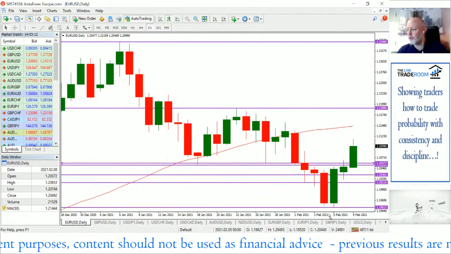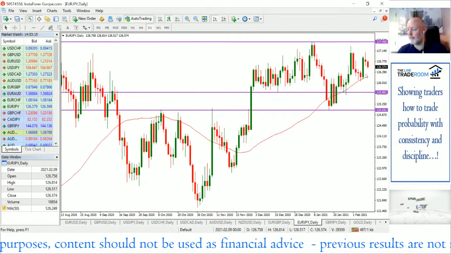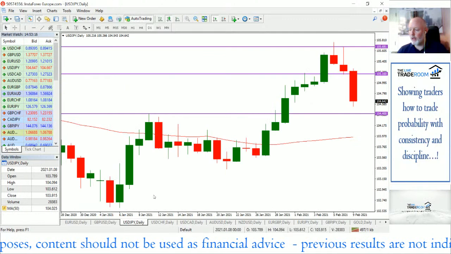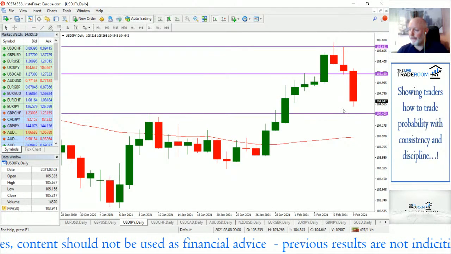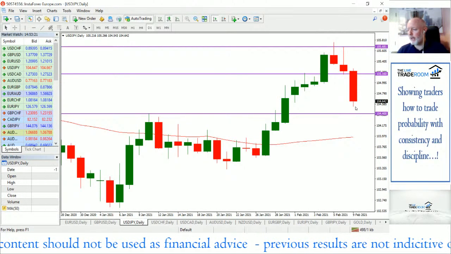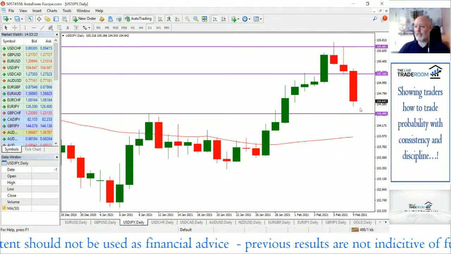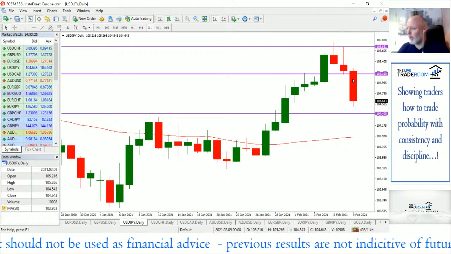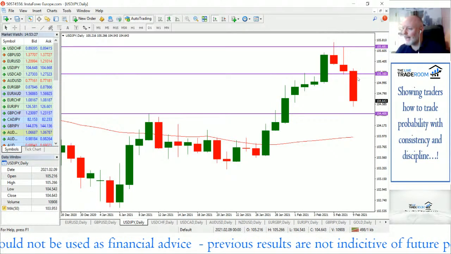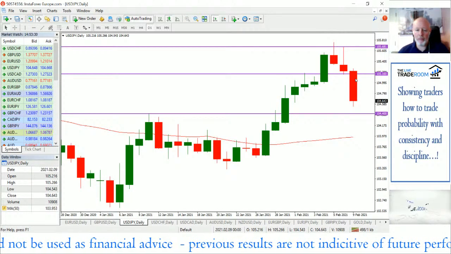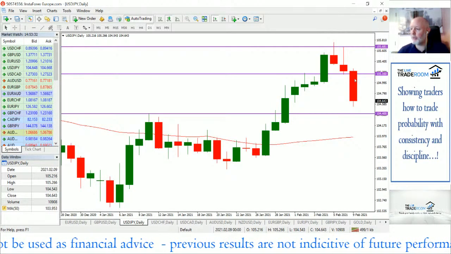The euro is quite strong, and the yen is marginally stronger. So by default then, probably a marginally better opportunity would be selling the dollar yen, and if prices were at the 105.10 level, something around that, then that would become a decent opportunity lower.